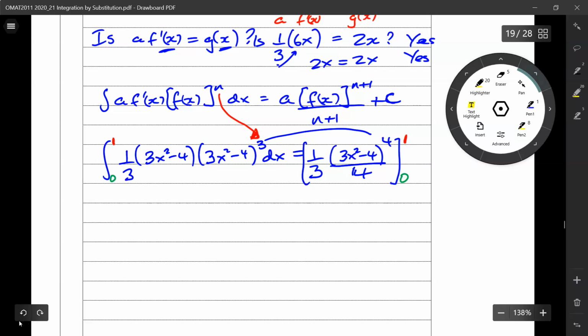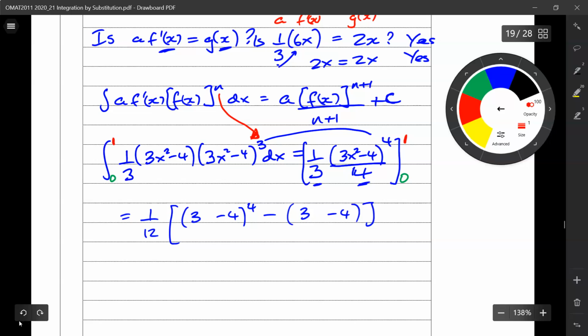to evaluate these functions, we can bring our constant outside. So the constant is 3 over 4, so we have 1/12. Open up our bracket, and we're going to evaluate this. So it's 3x squared minus 4 all to the power of 4, minus 3x squared minus 4.